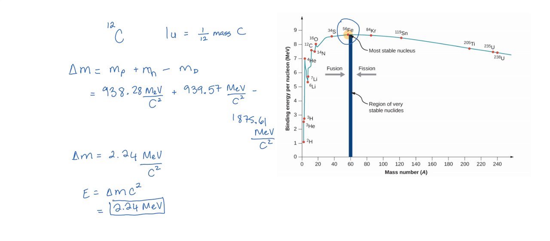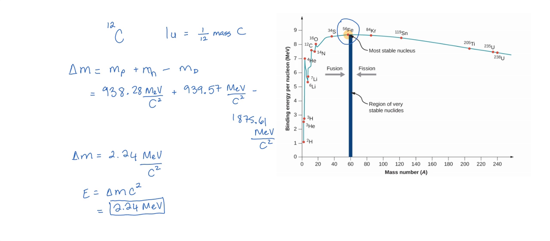And so you can see now why we just leave c squared as part of our unit here, so that we can make the final relation easier to solve. So what does this mean? This means that over 2 million electron volts are needed to break apart a deuteron into a proton and a neutron. This is huge, and it indicates the great strength of the nuclear force.